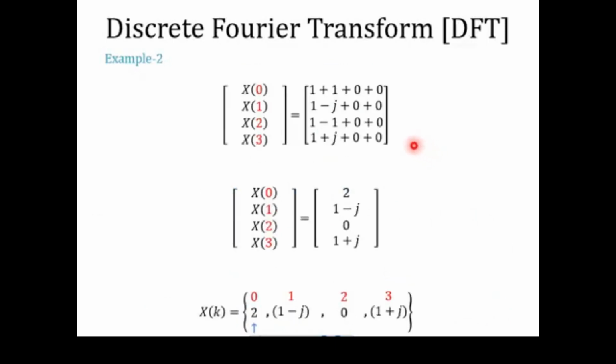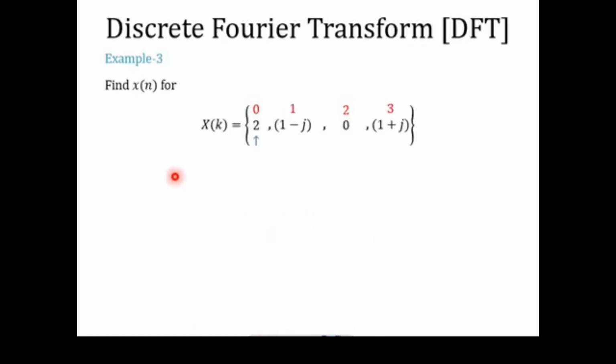On multiplying a W4 matrix with the time domain vector, we will get these results, which can be further simplified, and the final result will be equal to X of k is 2, 1 minus j, 0, 1 plus j. So this is the frequency domain vector, or DFT coefficients, which we obtained previously when we calculated the DFT equation in its standard format.